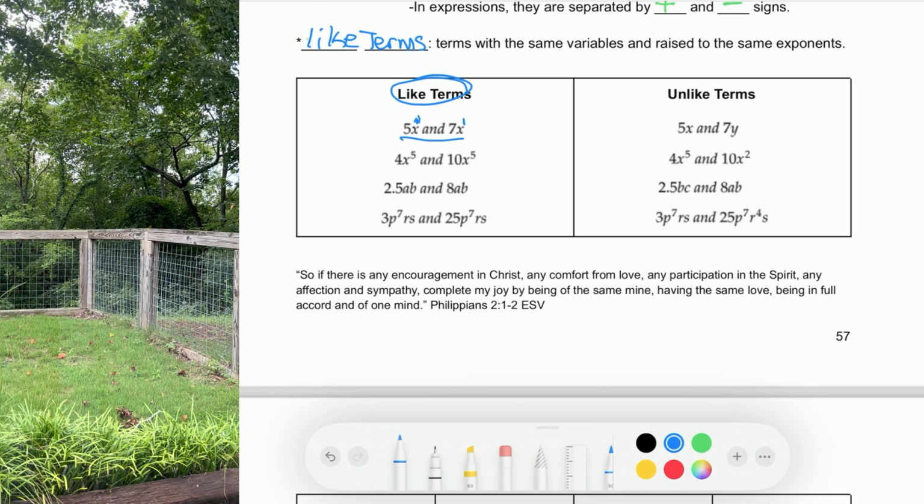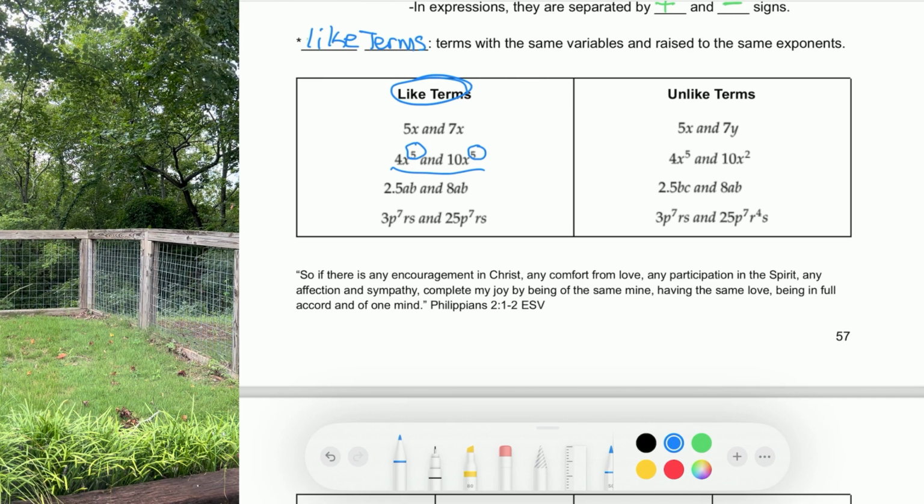We just don't write it because it's just understood to be there. So that's why those are considered like terms. Our next example has 4x to the power of 5 and 10x to the power of 5. Again, these are alike because those x's have the same powers.